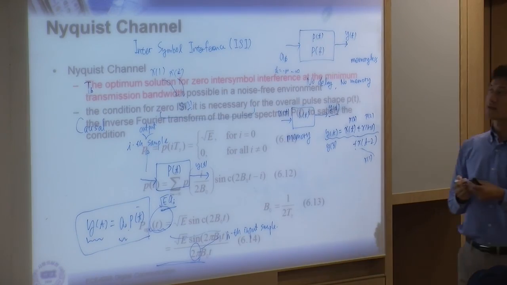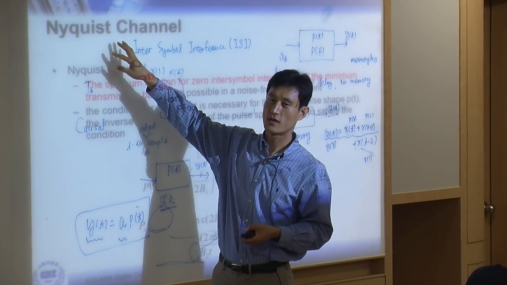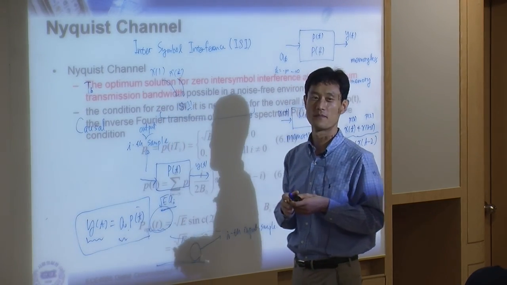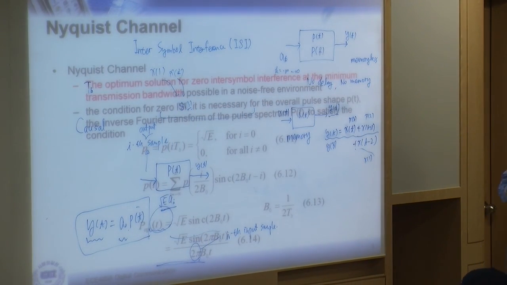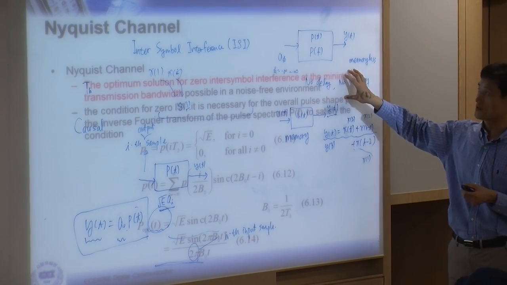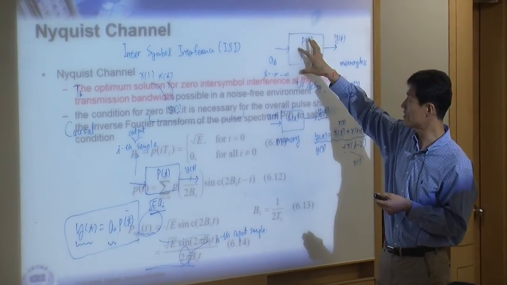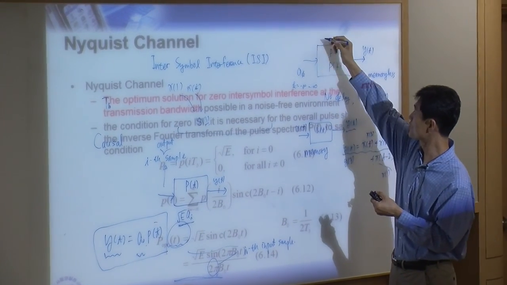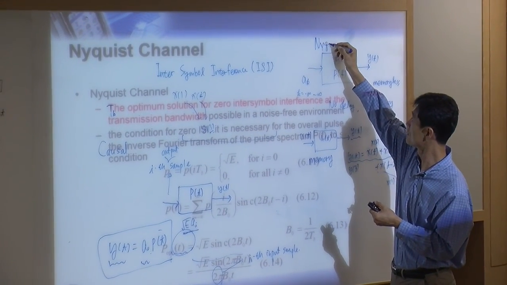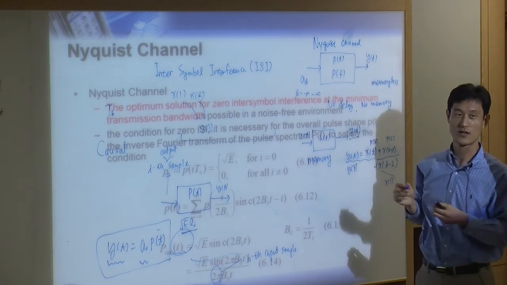In order to make this, there is a concept called the Nyquist channel. Okay? Nyquist channel is some concept. And this concept is to provide this whole thing. So now, simply speaking, we want to make this block a Nyquist channel. Maybe you heard about the Nyquist sampling rate, right?